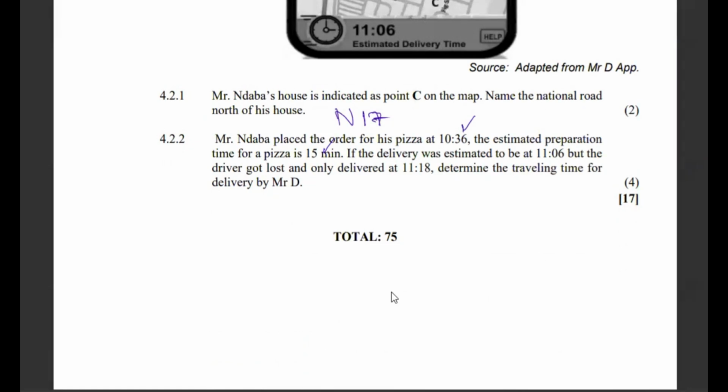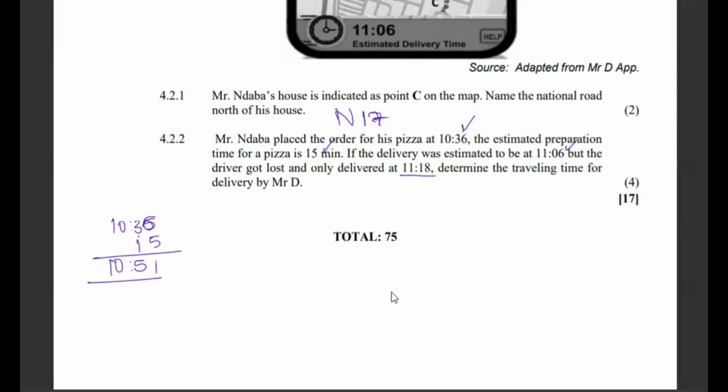Then the delivery man is expected to be there at this time, but he delays and comes at this time. Determine the traveling time for the delivery man. First and foremost, you have to calculate what time they will pick it up. So 10:36 plus the 15. What time will this be? 10:51.